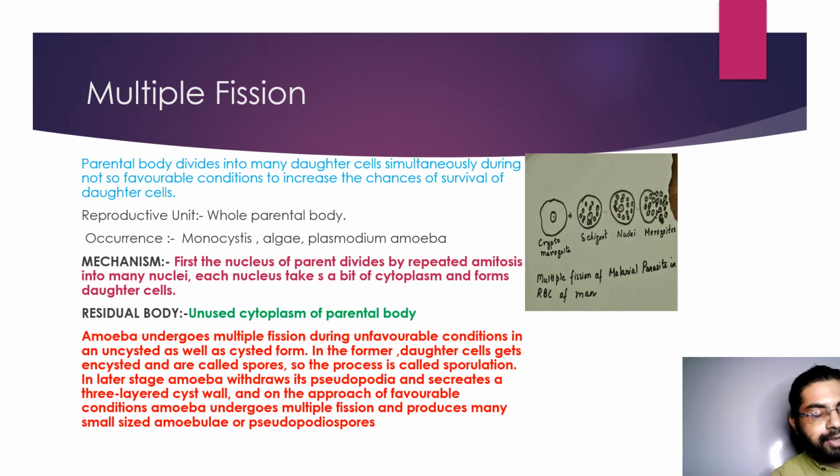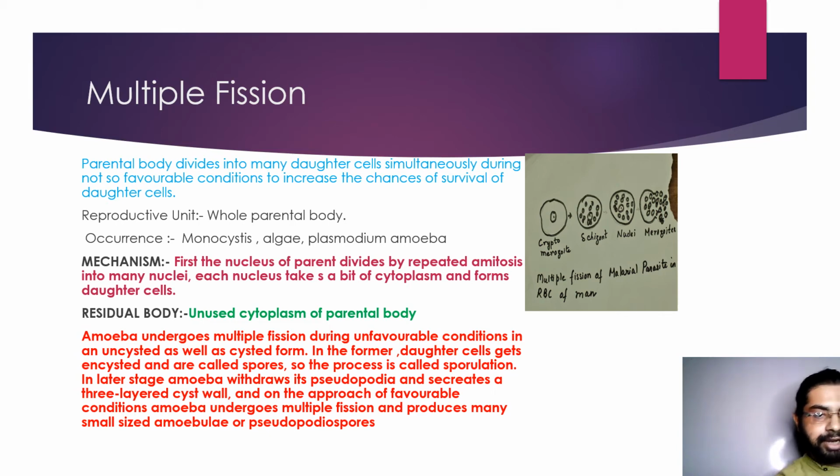Now multiple fission. The parental body divides into many daughter cells simultaneously during not so favorable conditions, that is unsuitable or unfavorable conditions, to increase the chances of survival of the daughter cells. You see multiple fission of the malarial parasite in the RBC of man.